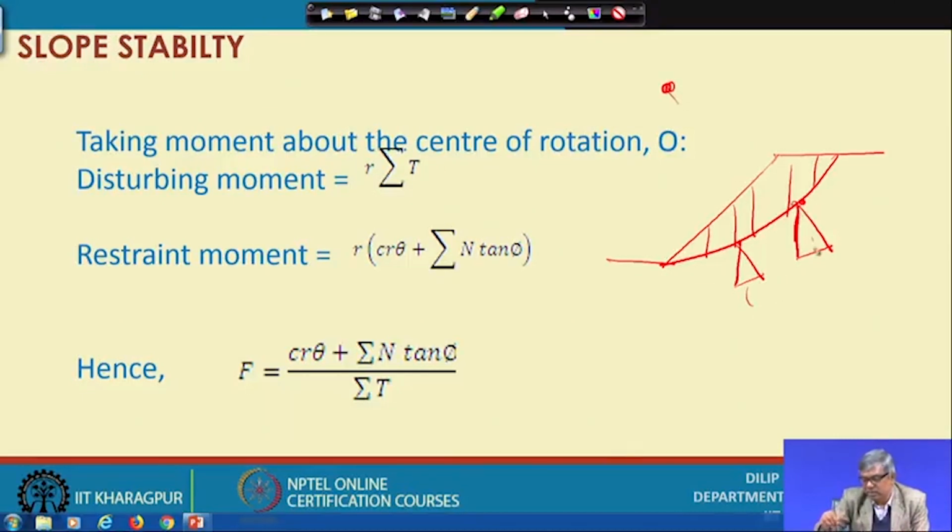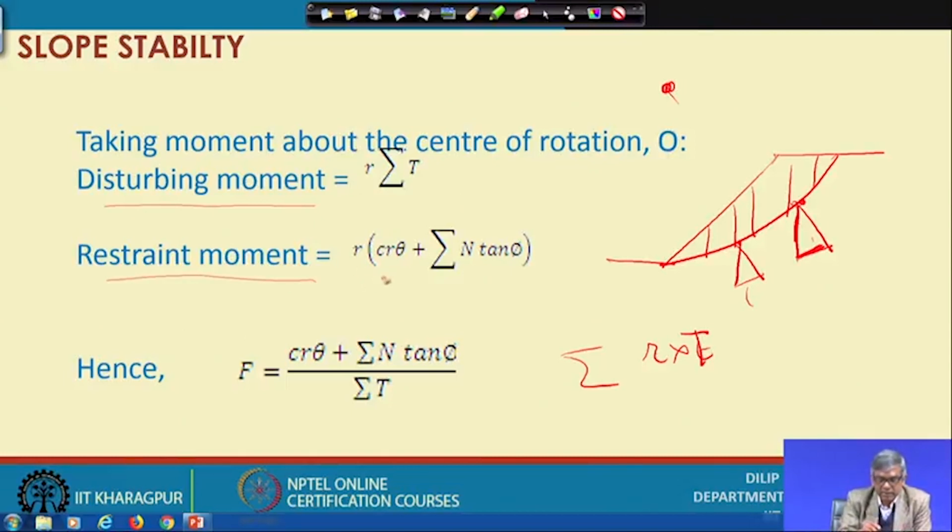The center is here, so this T is multiplied by r, for each slice T I will find out, and then if I sum it up you will get the total disturbing moment. The restraining moment will be r times C r theta plus N tan phi, multiplied by r. Then ultimately your equation becomes C r theta plus sigma N tan phi divided by sigma T.